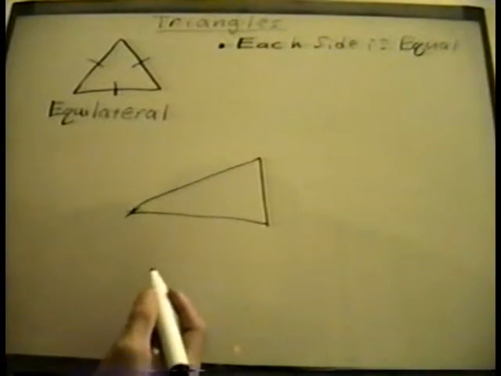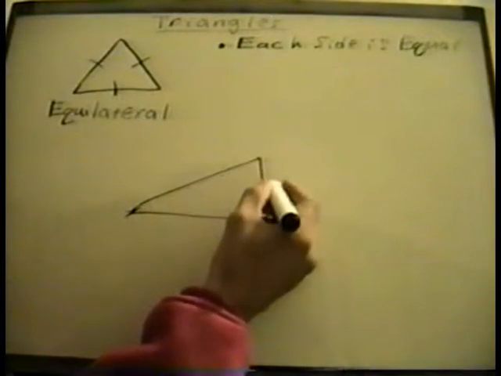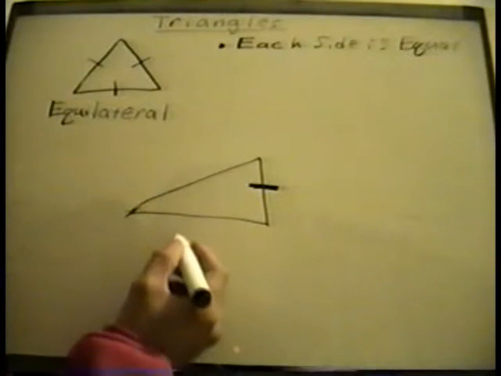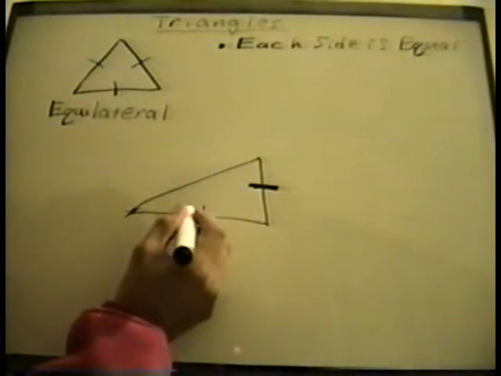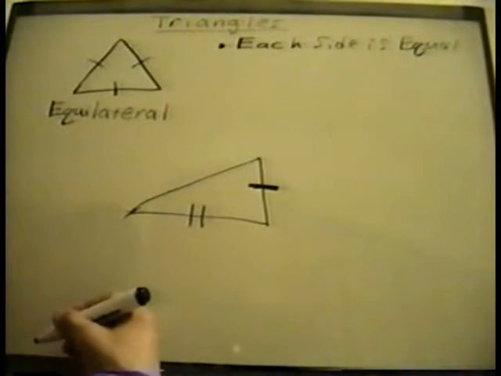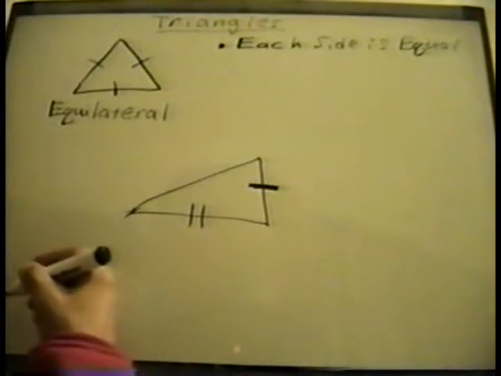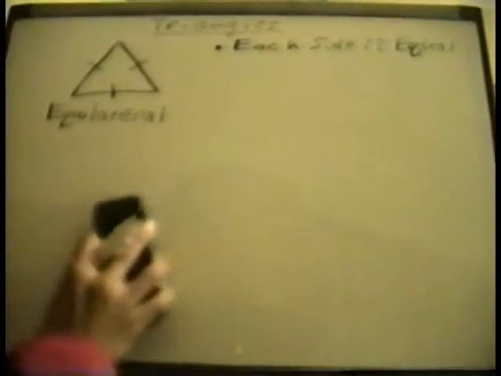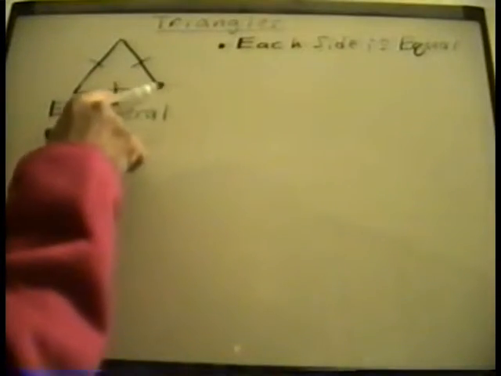So here, whereas I would maybe mark this line here with one line, I will mark one of the others with two. Okay, so that's the explanation of why you draw a line, a short line, through each side.